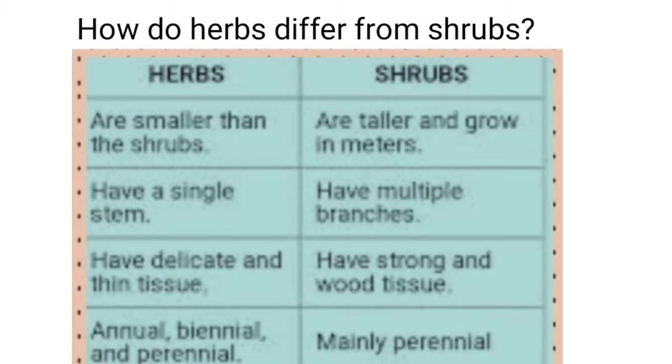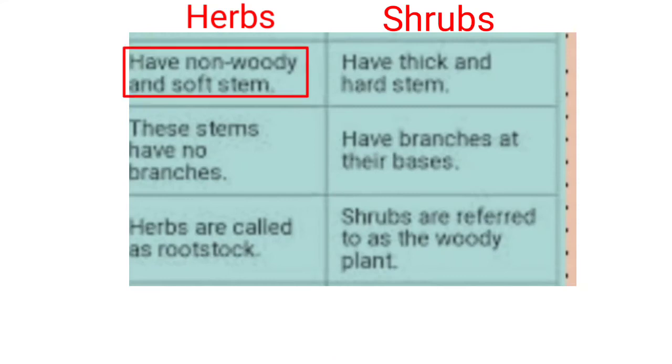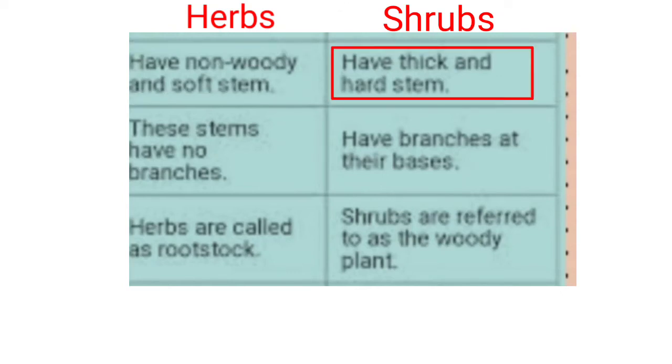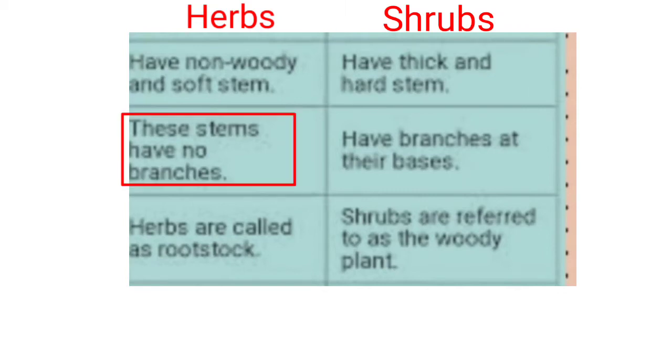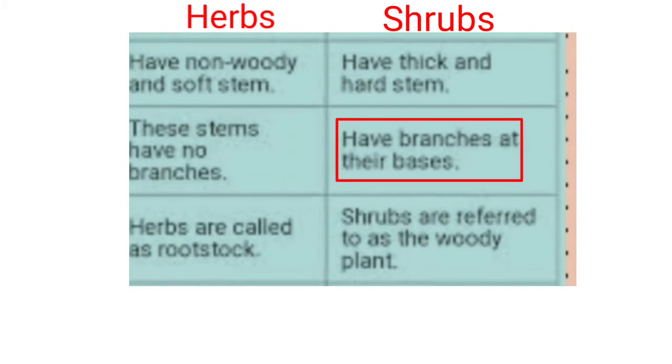Herbs may be annuals, biennials, and perennials. Shrubs are mainly perennials. Herbs have non-woody and soft stems. Shrubs have thick and hard stems. In case of herbs, stems have no branches. Shrubs have branches at their bases.